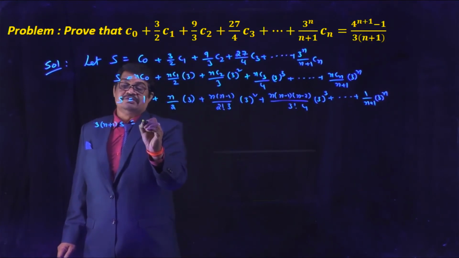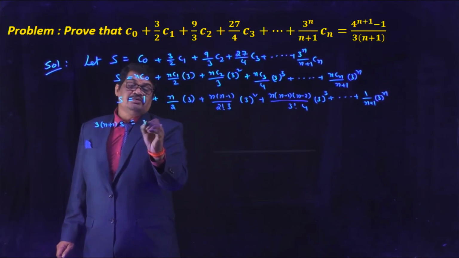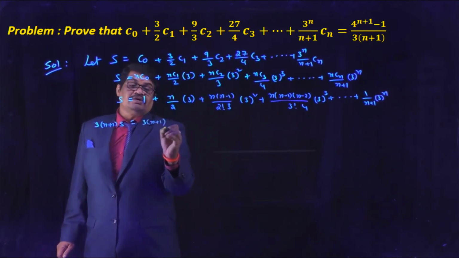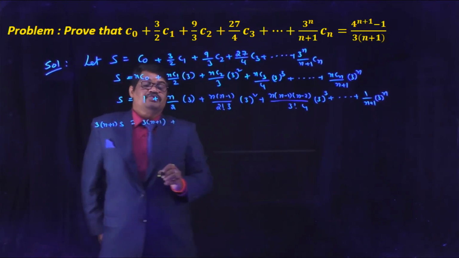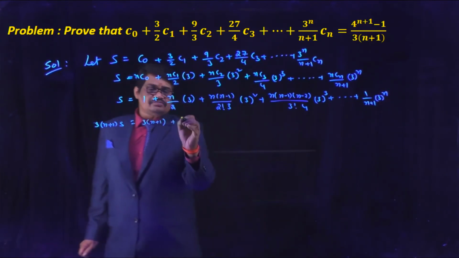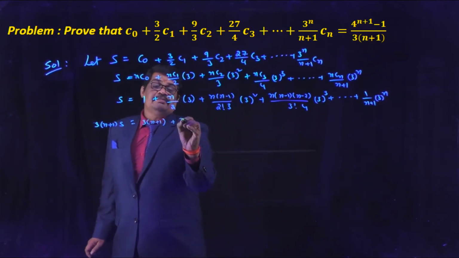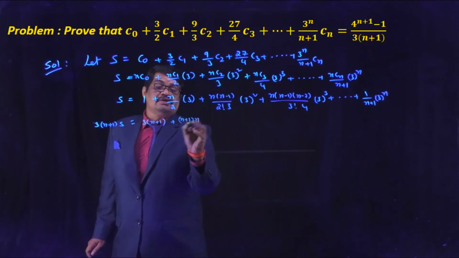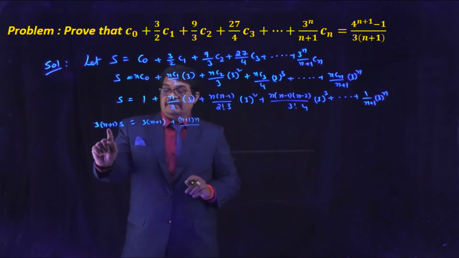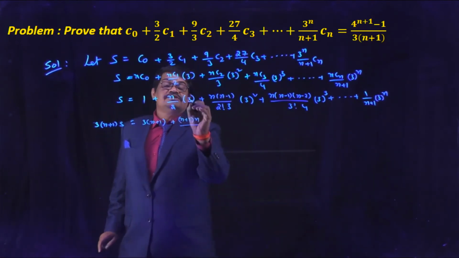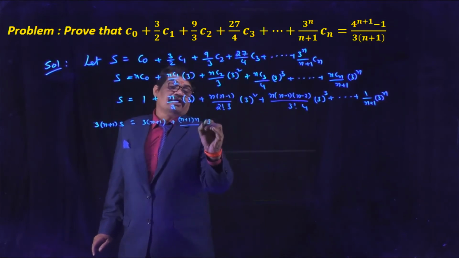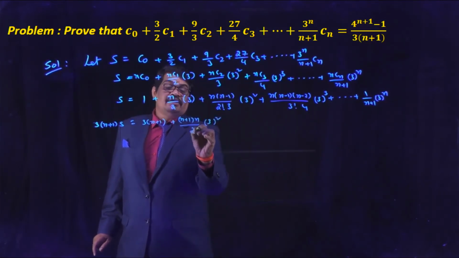Now this is 3 into n plus 1, plus here n plus 1 into n. Now we multiply with n plus 1 into 3, so 3 into 3 is 3 square, by 2 factorial in the denominator.